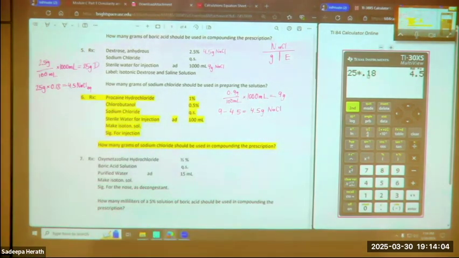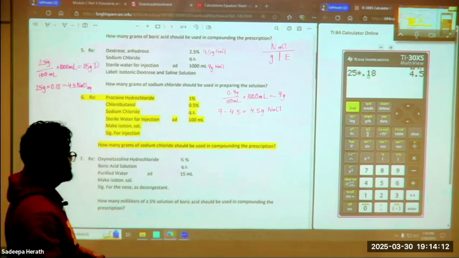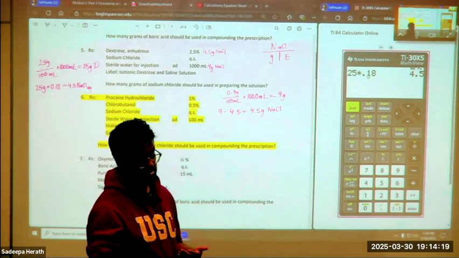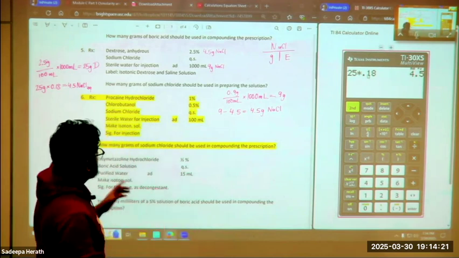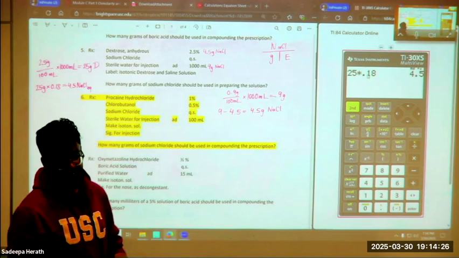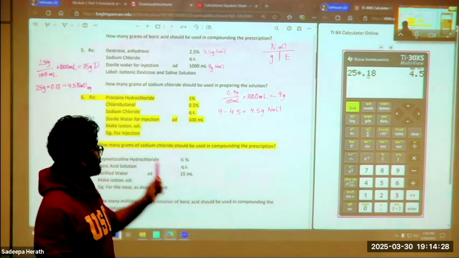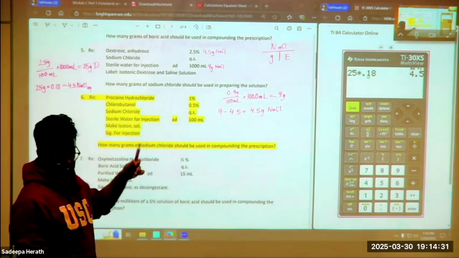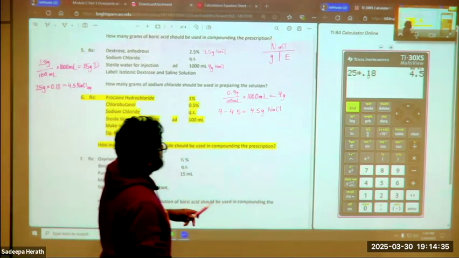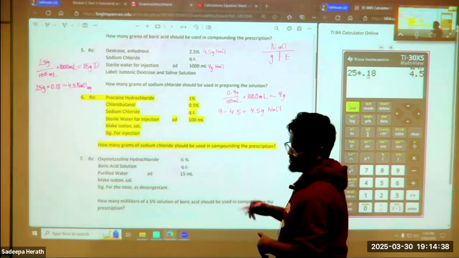Okay. And the question is asking how many grams of sodium chloride should be used. So we have it in grams. That's it. That's literally it. Let me just give you guys alternate scenarios for prescriptions. They might say QS of boric acid, for example, right? You do this whole thing with finding the equivalence, subtracting, but then you have to convert it back to its original drug, the quantity of its original drug.